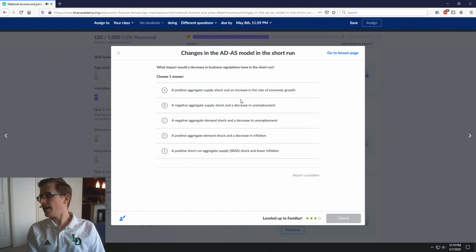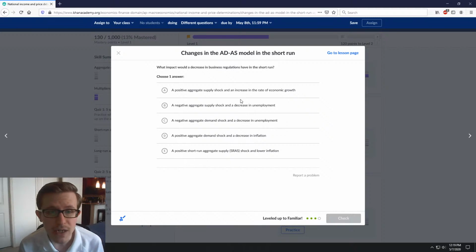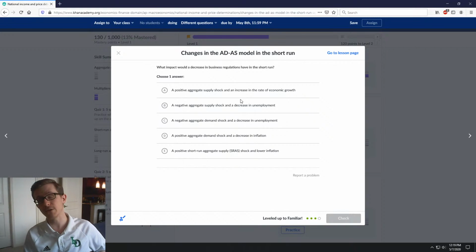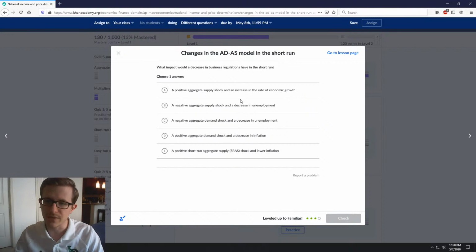And then let's see, what would a decrease in business regulations have in the short run? Decrease in business regulations. One of the examples I like giving in class is maybe environmental regulations would be a big thing.